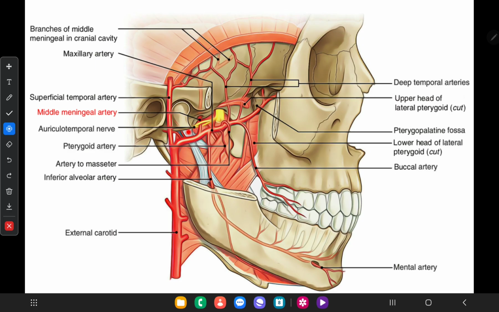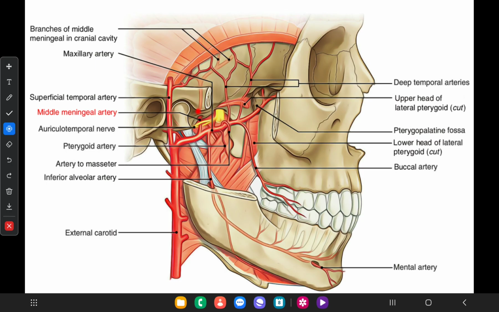Once the middle meningeal artery enters the middle cranial fossa through the foramen spinosum, the main trunk and its branches are located in the extradural space. It is an important point. It is situated in the extradural space.